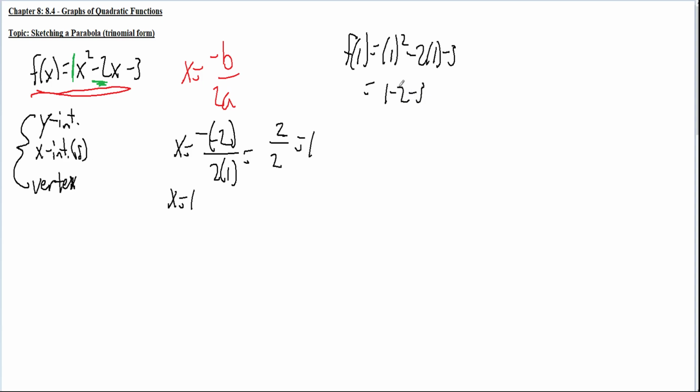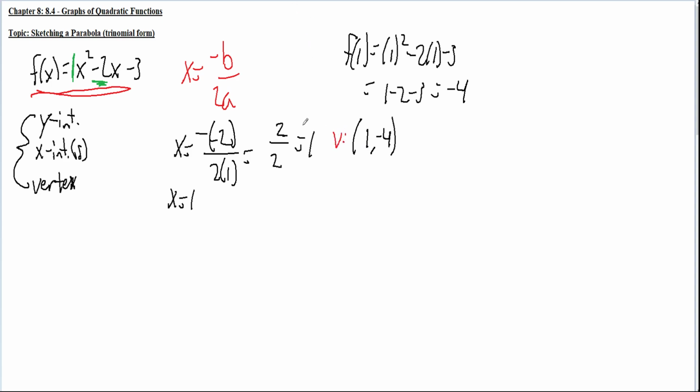Negative 2 minus 3 is negative 5, plus 1, so we get negative 4. Our vertex occurs at (1, negative 4).